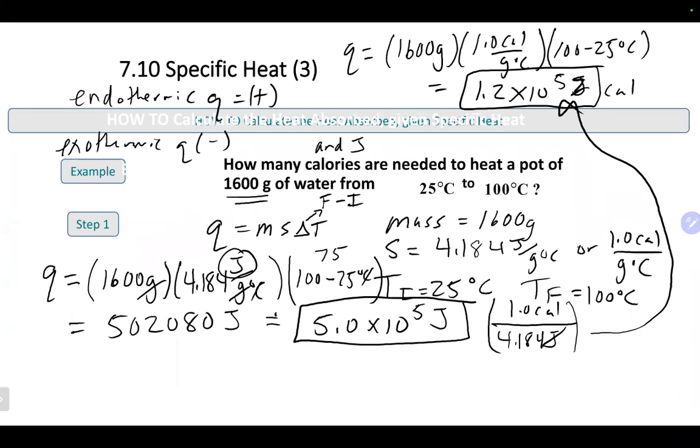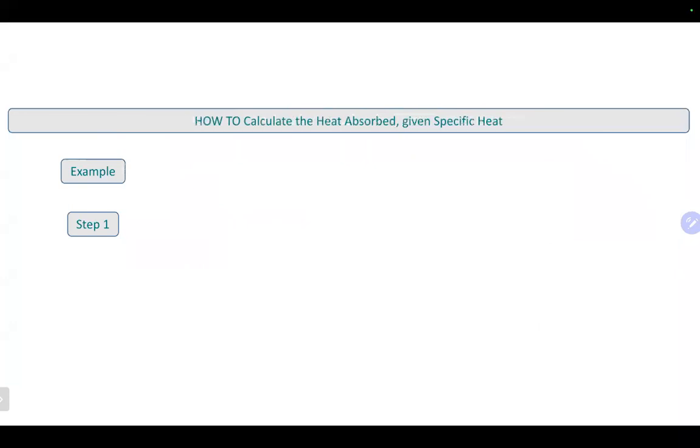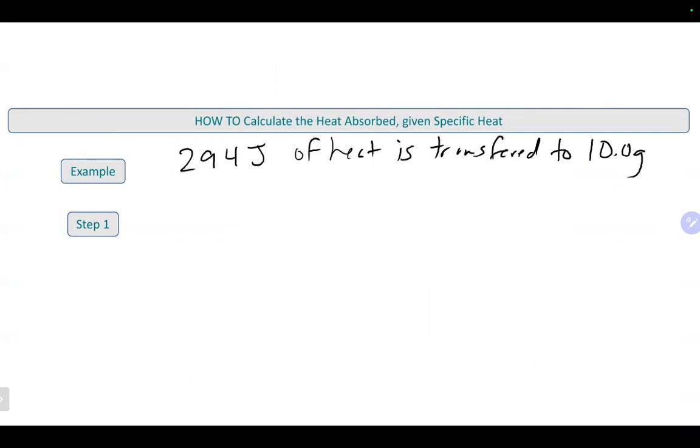All right, so why don't you try one here? Let me just write one up here. Let's go with 294 joules of heat is transferred to 10 grams of silver at 25 degrees Celsius.